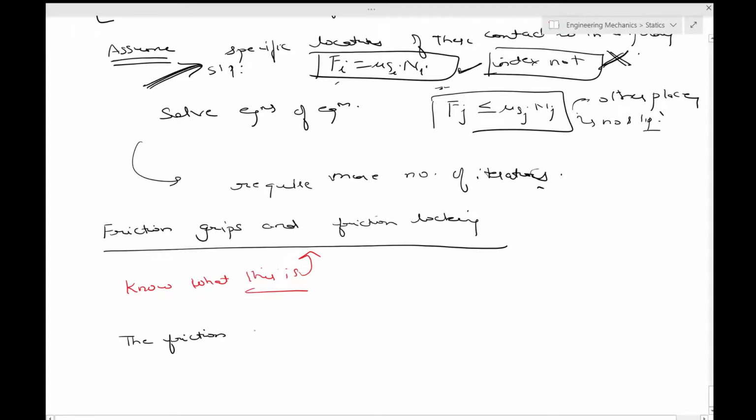So the friction grip is designed to loosen, that is begin to slip, at a specified load.